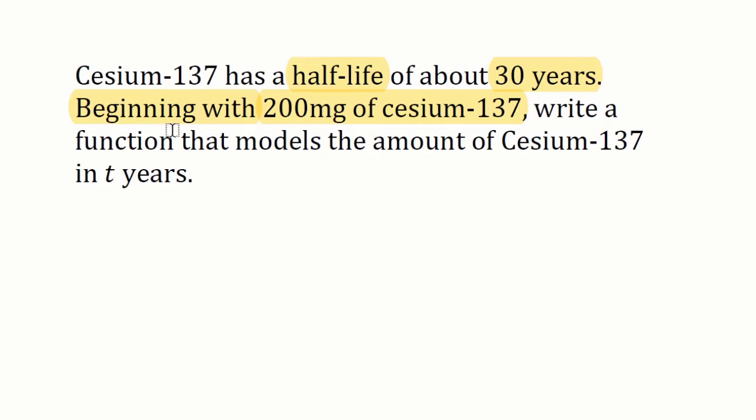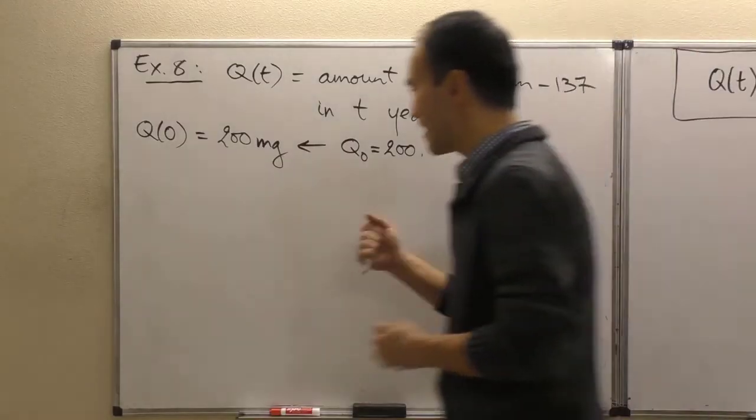One more time I repeat. If we consider 200 milligrams of cesium-137 to be the initial amount, then it takes 30 years, t equals 30, to reduce down to only 100 milligrams. Another way of saying it: we will have the quantity equal to 100 when it's 30 years.